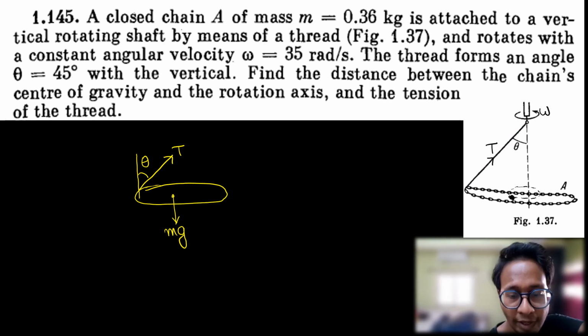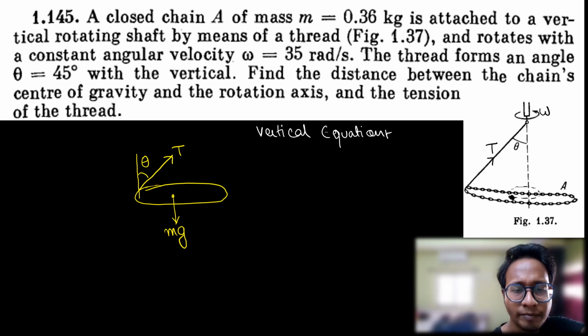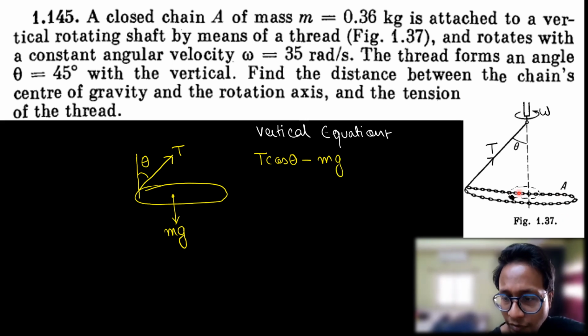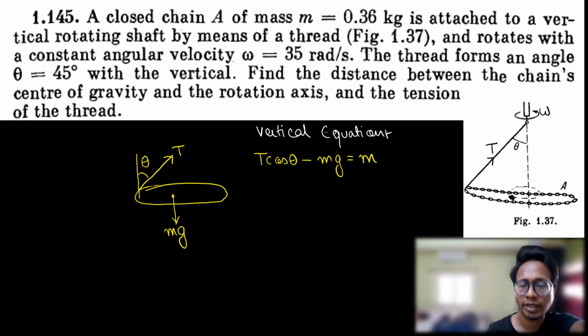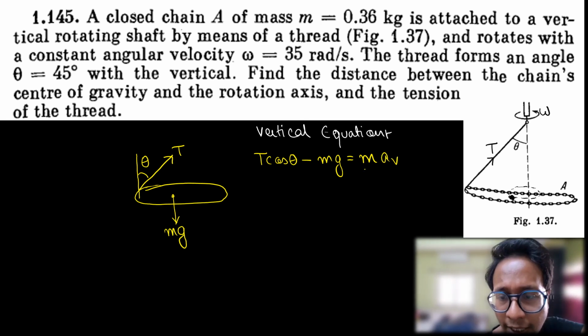So if I draw out the equation, vertical equation, T cos theta minus mg. Is there any vertical component of acceleration of this chain or of the center of mass? No, there is no vertical acceleration of the center of mass. It is equal to mass into vertical acceleration, and vertical acceleration out here is 0. So this entire component becomes 0.